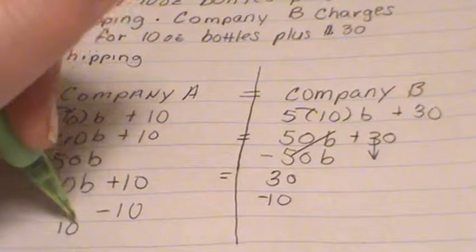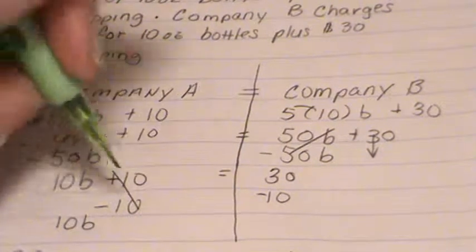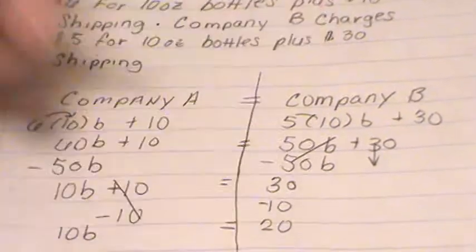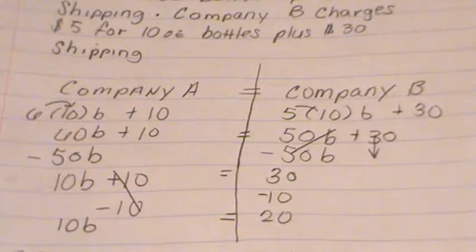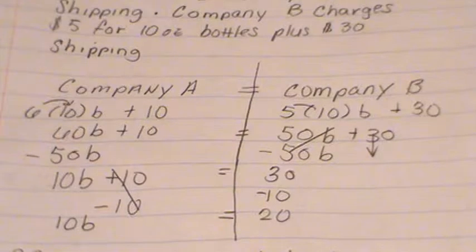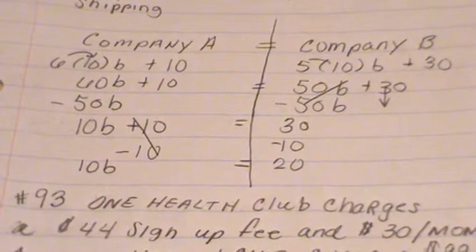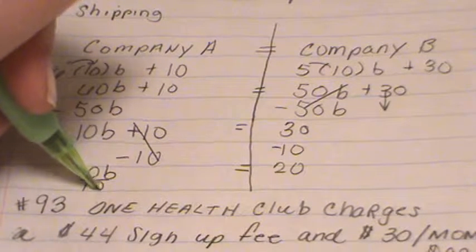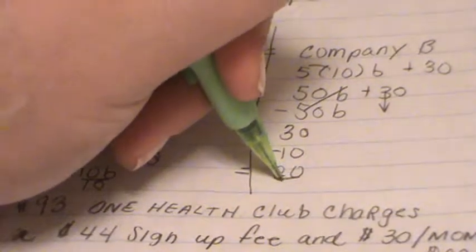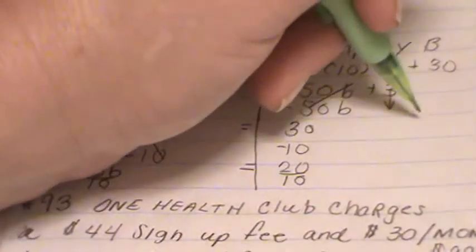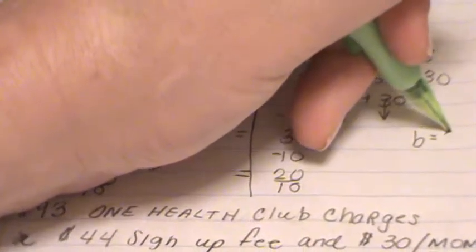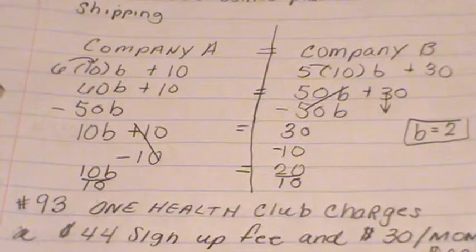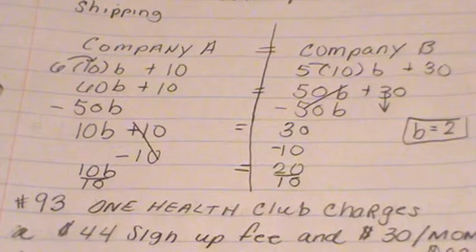And that's going to give me 10B. This will cross out. 30 plus negative 10 is 20. Step 5 is to undo multiplication and division, and we have multiplication. So our job to get B by itself is divide by 10, and B equals 2. Again, I'll leave that up for a minute for you so that you can see it.